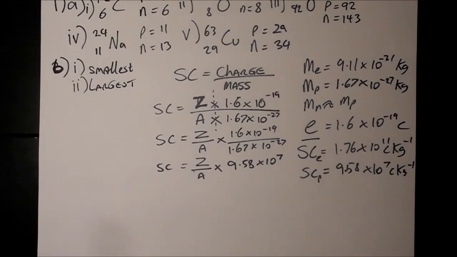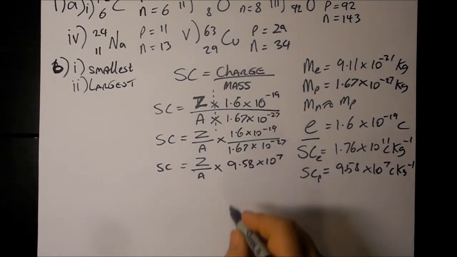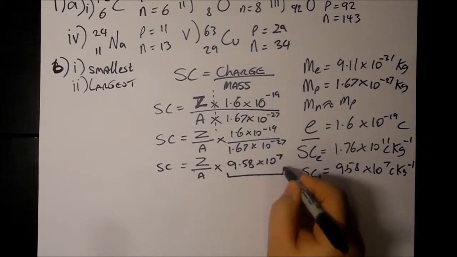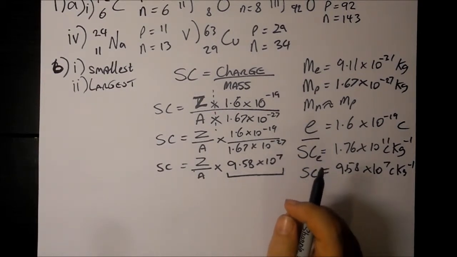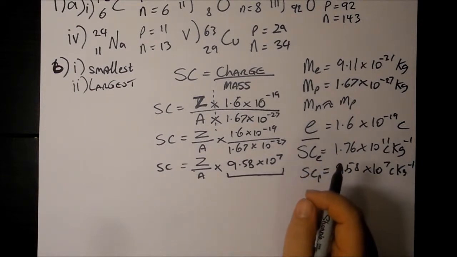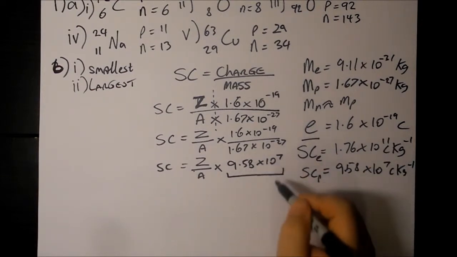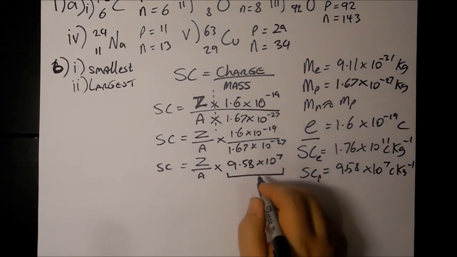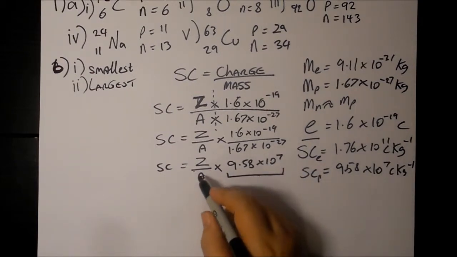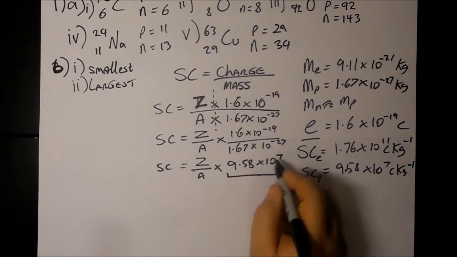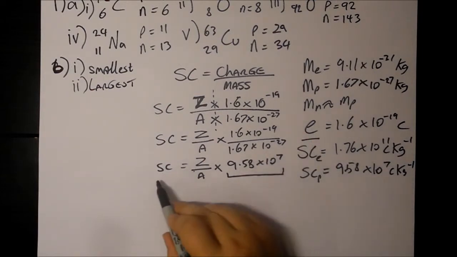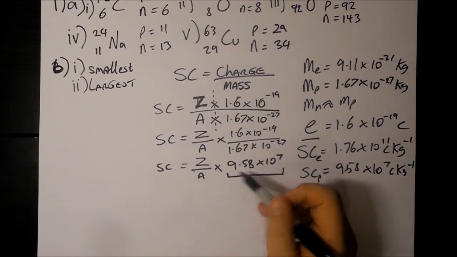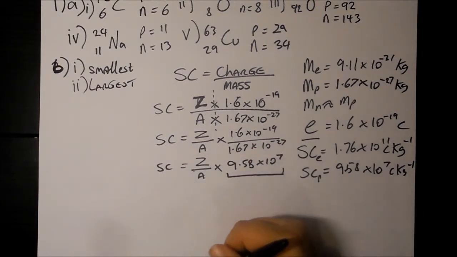Now, this value will never change. If we're just looking at nucleuses of atoms, obviously if we had electrons involved it's a little bit more complicated, but we're just looking at nucleuses of atoms here, this number will never change. And therefore this is a constant. So what number you get out in the end for specific charge is determined by what number you times the constant by.